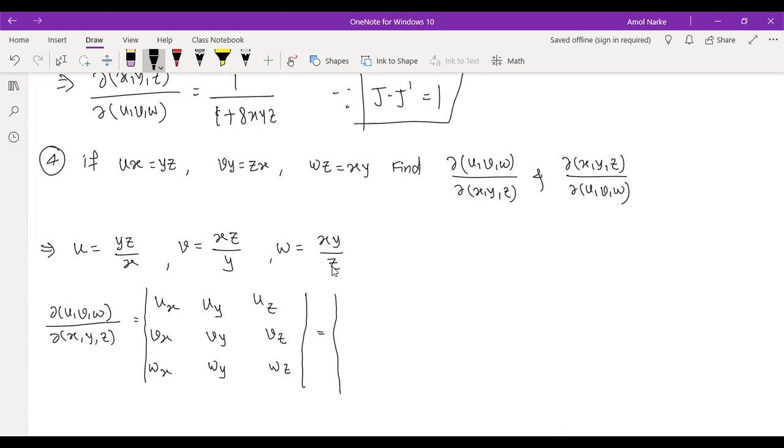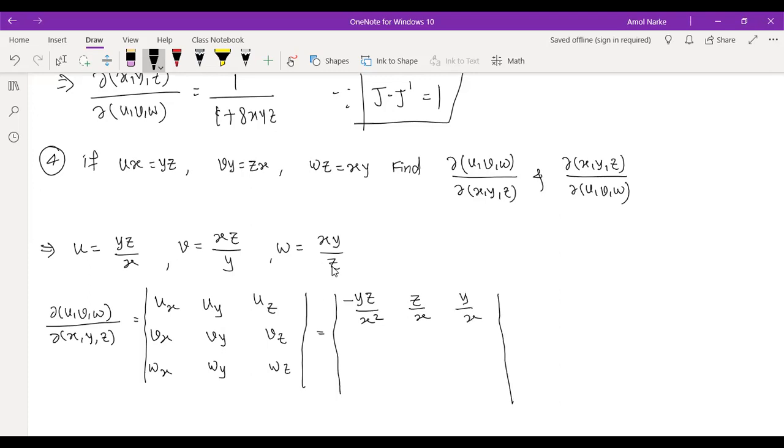Minus yz divided by x square. Okay, what is uy? z divided by x. And what is uz? y divided by x. Very good.